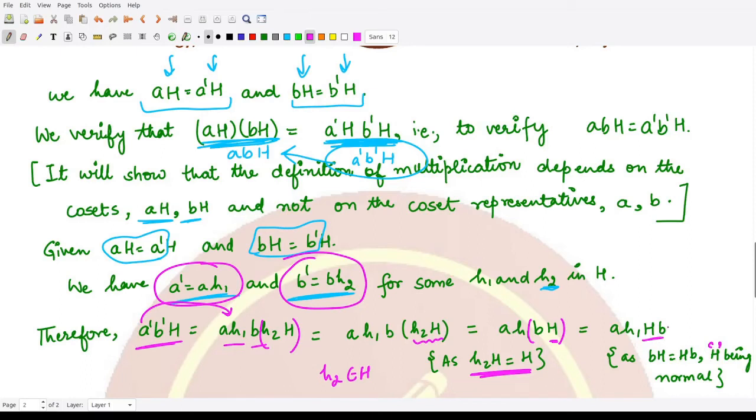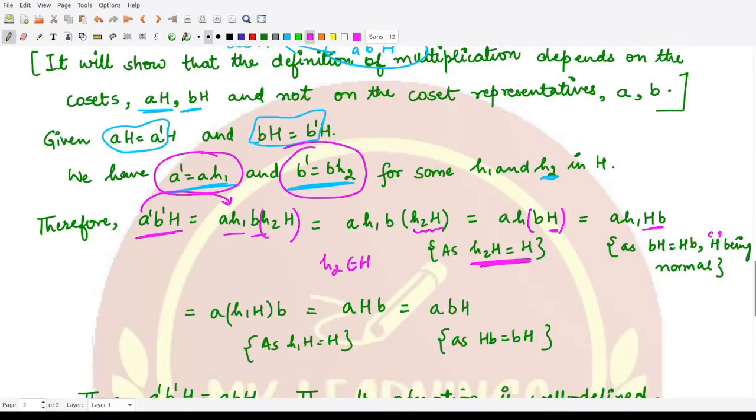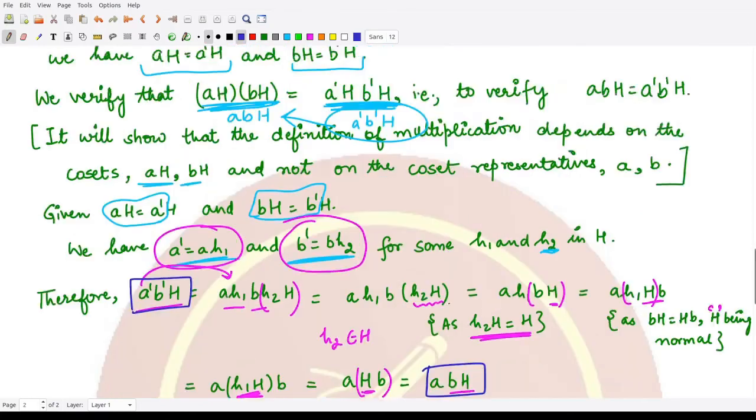Next we can apply the associative property onto this element H1 of capital H. Because small h1 is a member of H, H1H is equal to H, using the properties of coset. So we have H here. Again we can use the associative property, and using the property of H being normal, we have this to be BH. So we started with A dash B dash H and we ended at ABH.